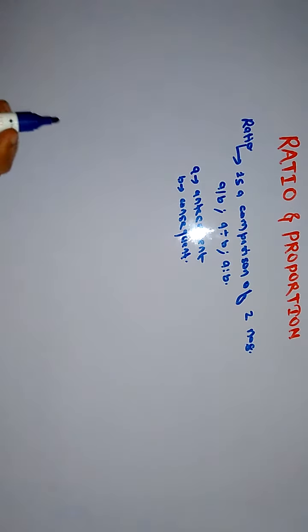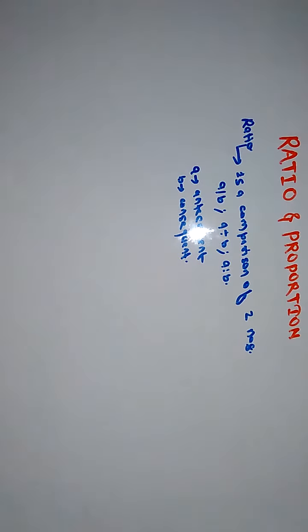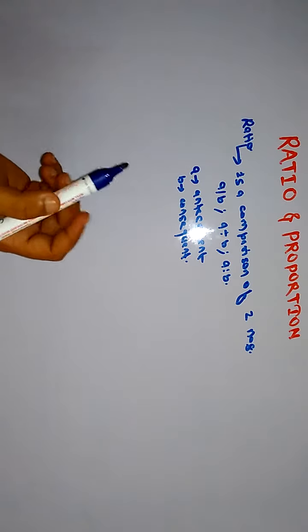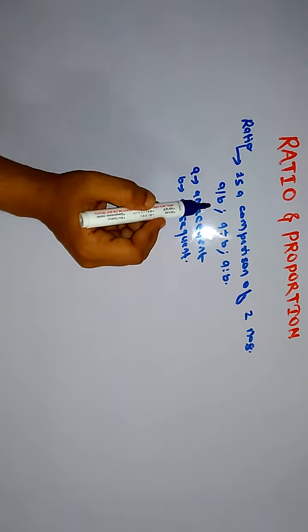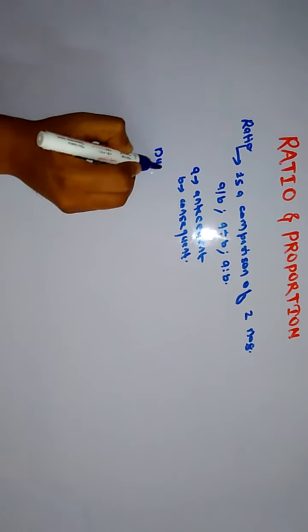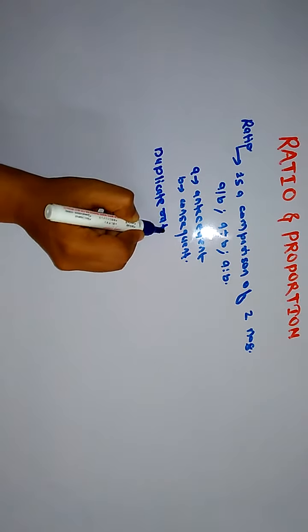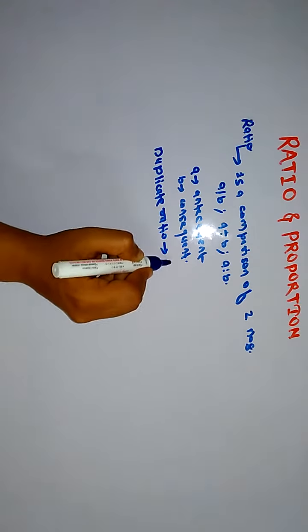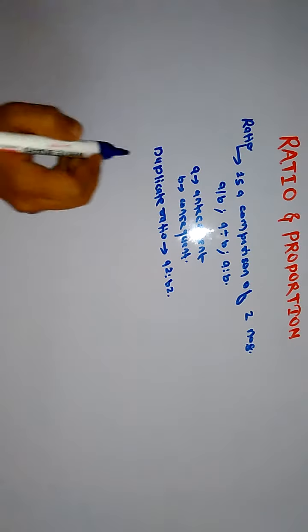So you will see these are the different forms. When a question is asked, you have to get an idea that they are asking about a ratio. And what is duplicate ratio? Duplicate ratio is a square is to b square.